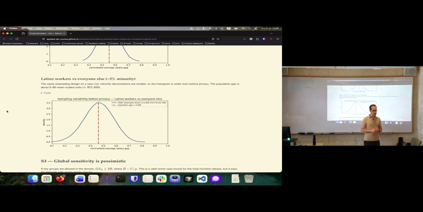And the other thing is that this insight of larger statistical sensitivity going hand in hand with larger privacy sensitivity is a very good hint to things that we will see later.